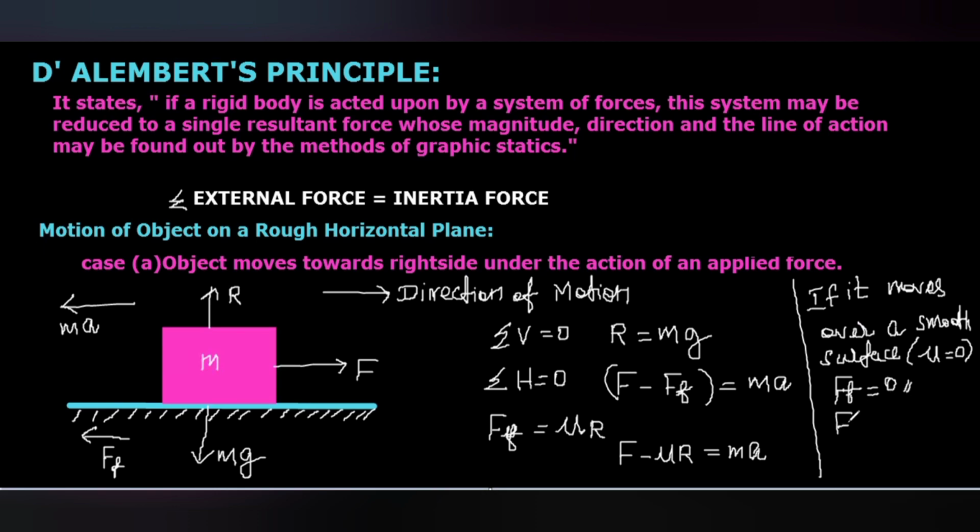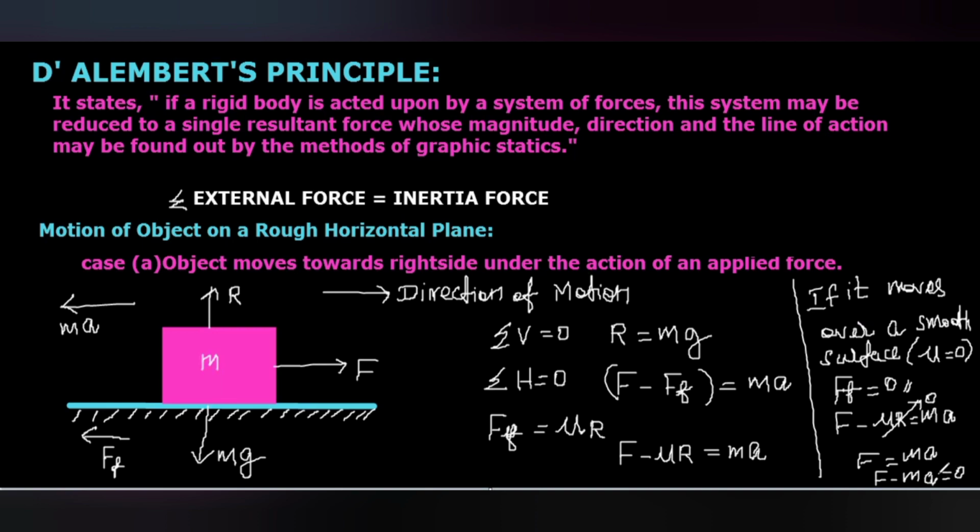So in the previous equation, F minus mu R equals MA, this term will be eliminated. So we can write F equals MA, or otherwise F minus MA equals 0.